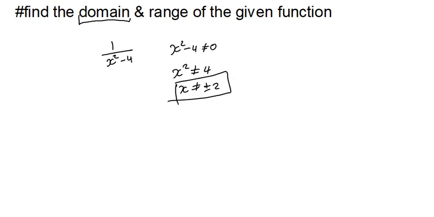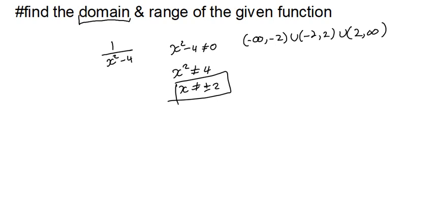So what it means is that among all the values that you can have, let me say from negative infinity to negative 2, union from negative 2 to 2, union from 2 to positive infinity.